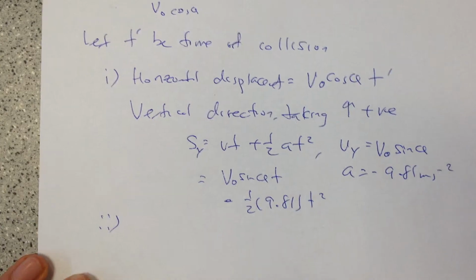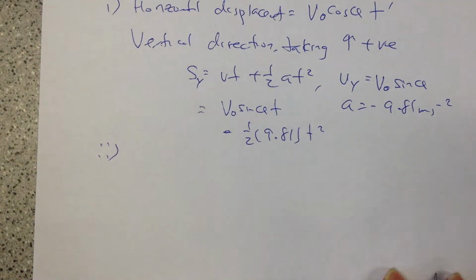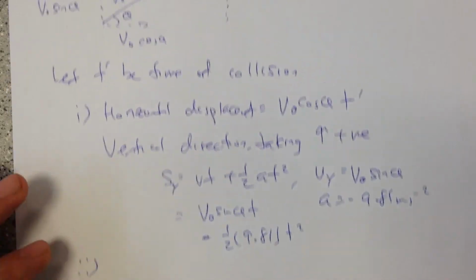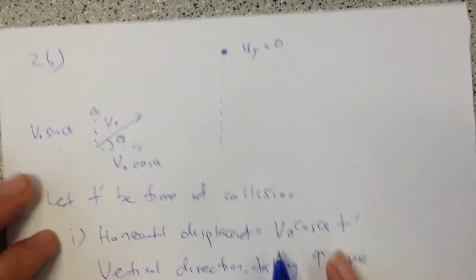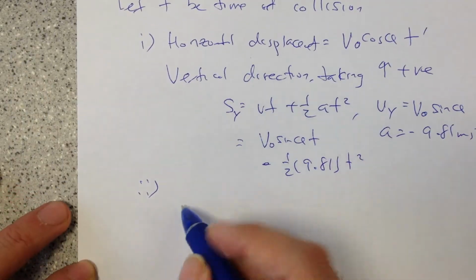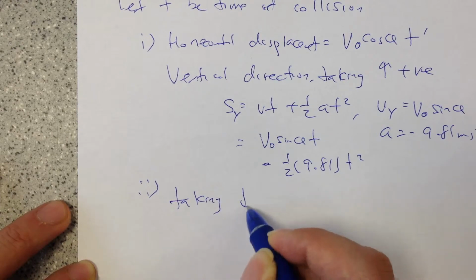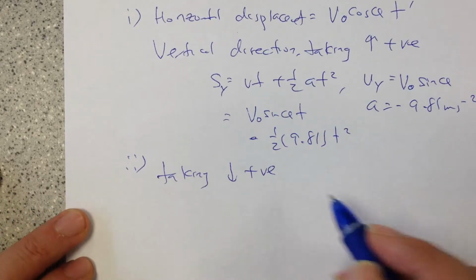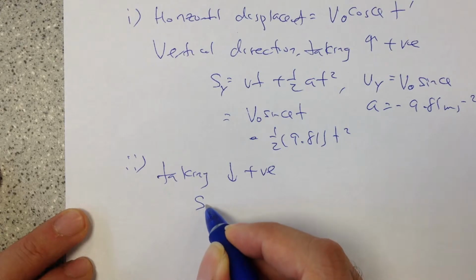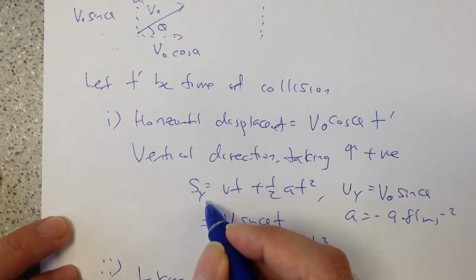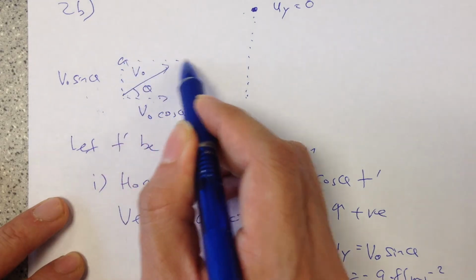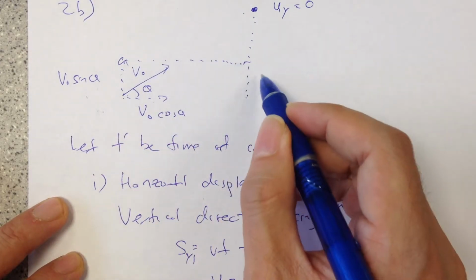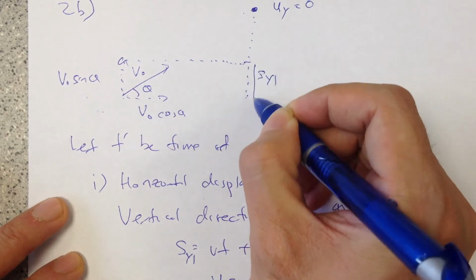Let's look at part 2. How about for the target? At the time of collision t prime, where will the target be? The target is actually coming down, so we take downwards as positive. Again, for the distance s, there are two sy now. This will be sy1, here.